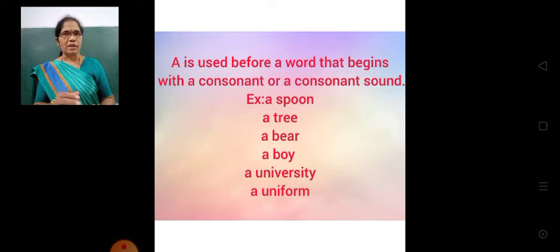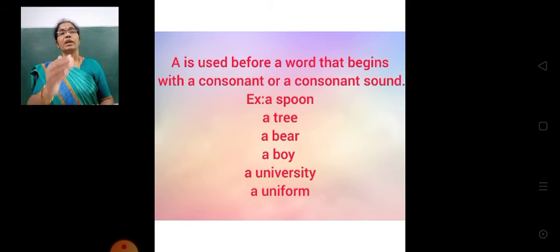And see the examples. A spoon. See the word spoon, and what is the first letter of the given word? S. S-P-O-O-N, spoon. And we know that S is a consonant letter, so the word has a consonant sound, and we have to use a before the given word.